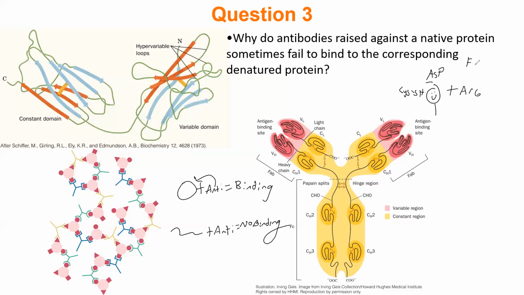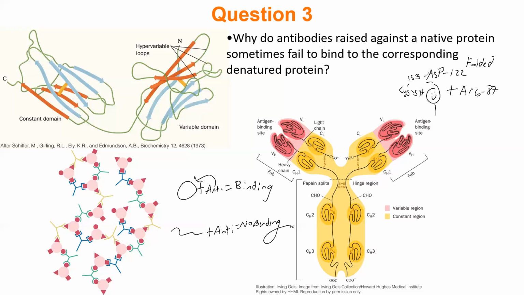However, this is the folded protein. Let's say arginine is residue 87, aspartic acid is residue 122, and cysteine is residue 153, which happens in a folded protein all the time. You can bring amino acids that in the primary structure are far away from each other.